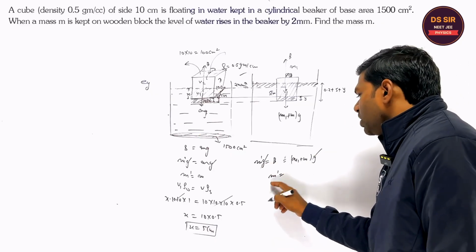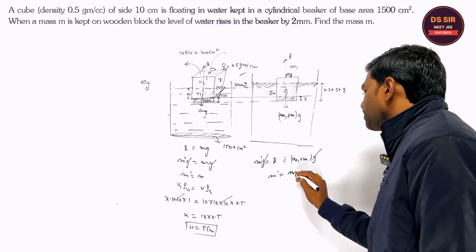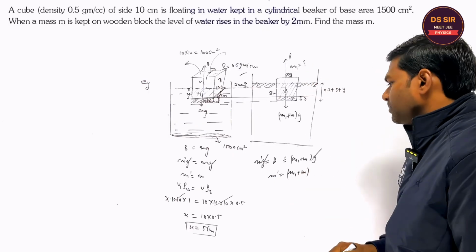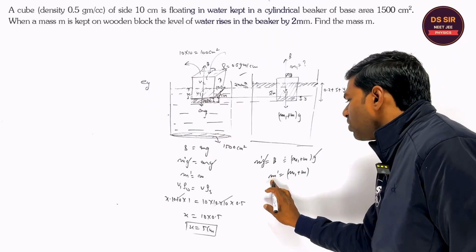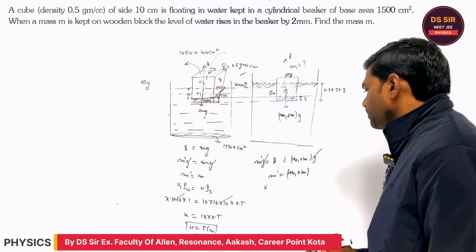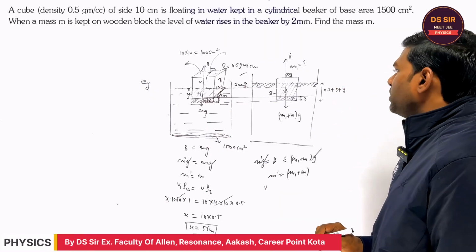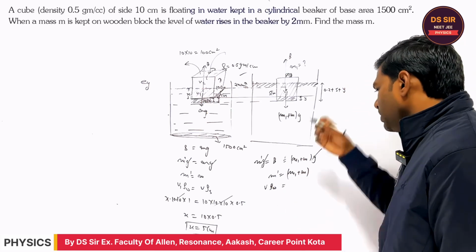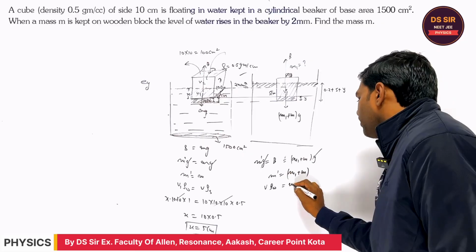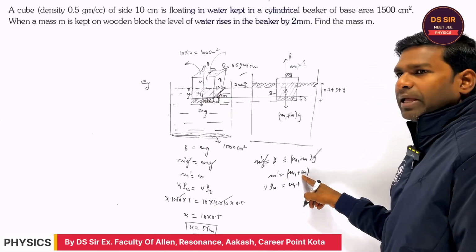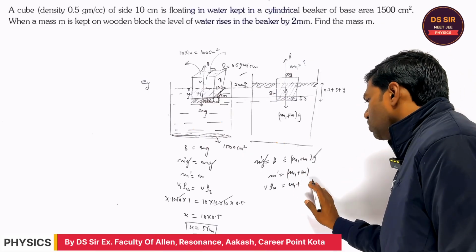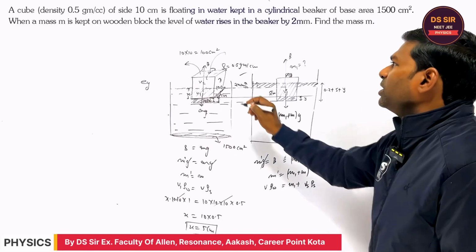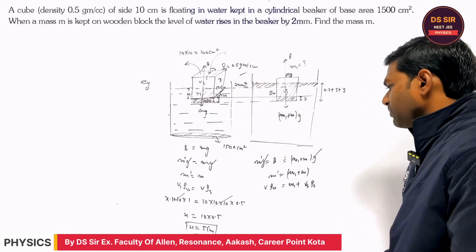So the mass of the liquid displaced is equal to m1 plus small m. This m1 we have to find actually. m1 is equal to what? The volume displaced multiplied by the density of water is equal to m1 plus m. And what is small m? It is equal to the volume of the solid into the density of the solid. The density of solid is 0.5, right?